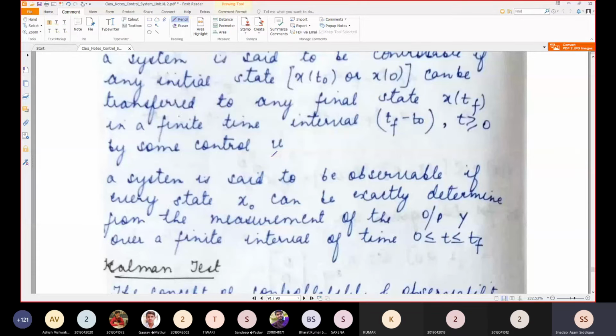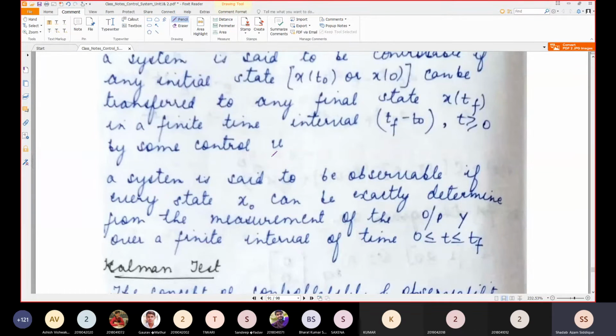Controllability means you are able to transfer your initial state to any final state, that is x of tf, at time tf. You are able to control the system, or achieve a desired state for a particular input or initial state.